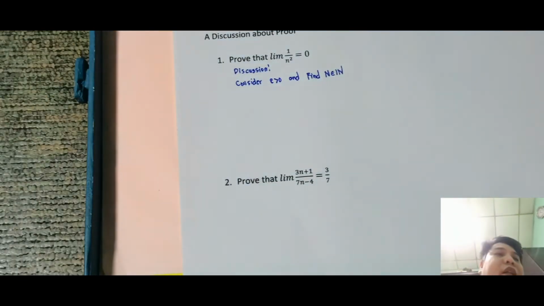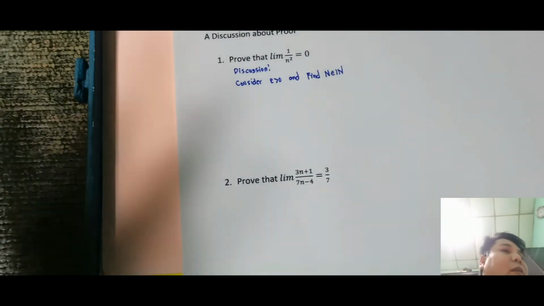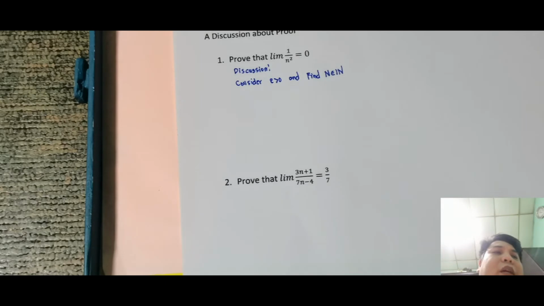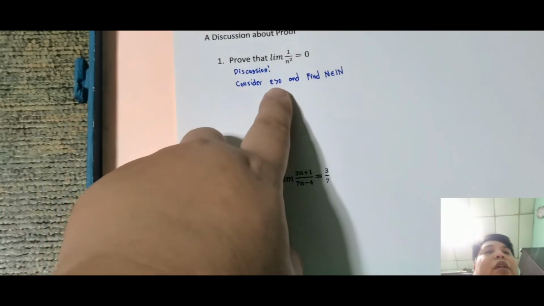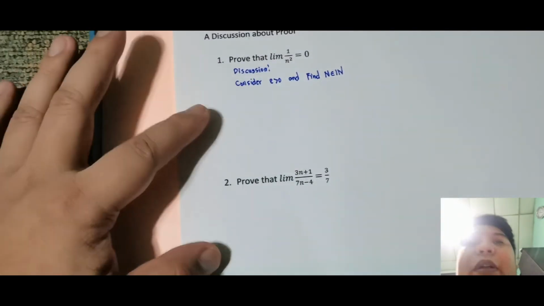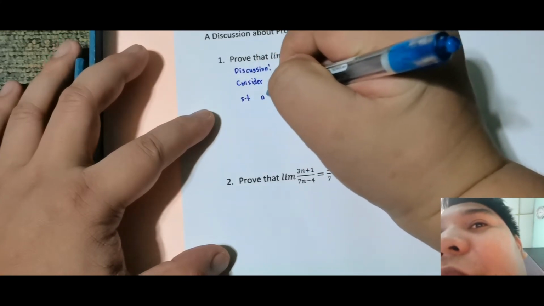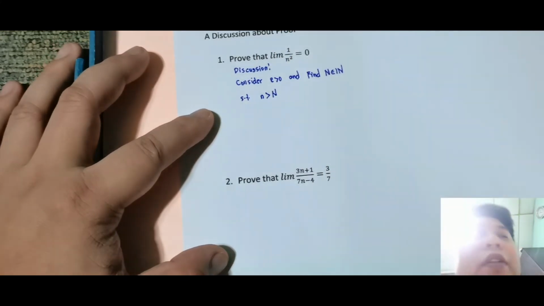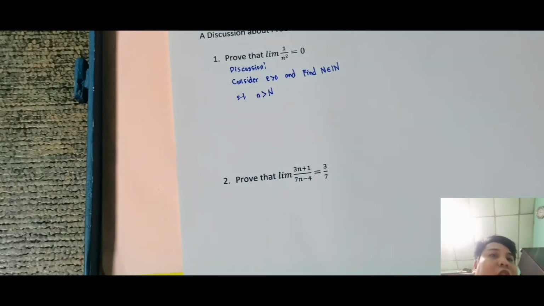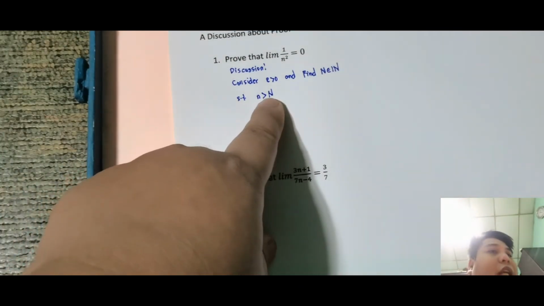Ngayon, yung n na yan ay will depend on epsilon. So, meaning, yung n na yan equal sa epsilon something or 1 over something epsilon. So, dapat yung n na yan equal sa something na may epsilon. Good dyan. So, ulit for every epsilon greater than 0, find n element ng natural number such that small n is greater than large N. So, ang goal natin, maghahanap lang tayo ng N na yan.